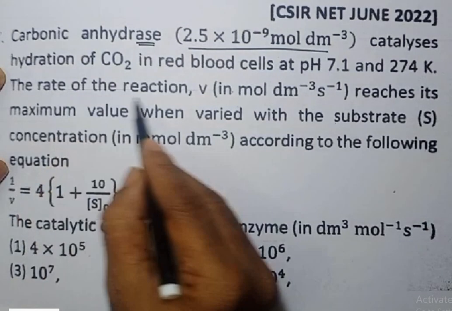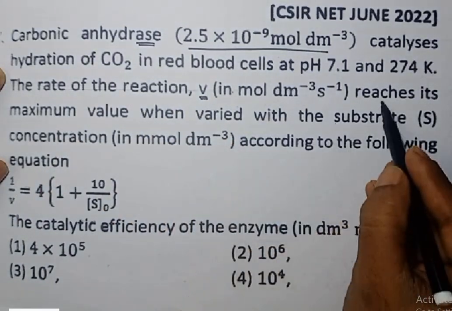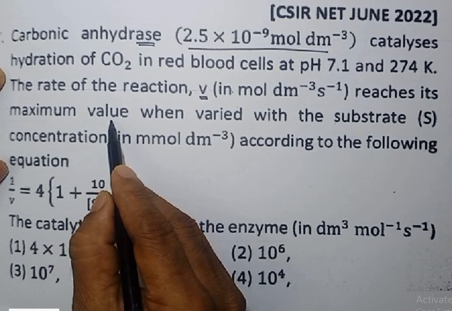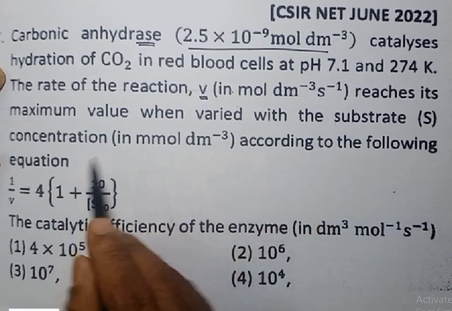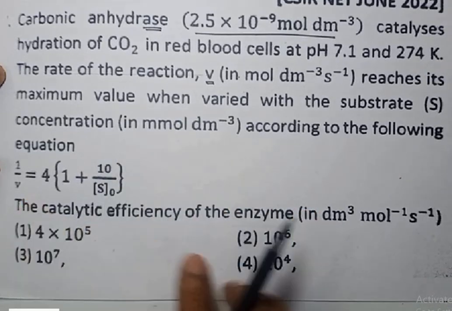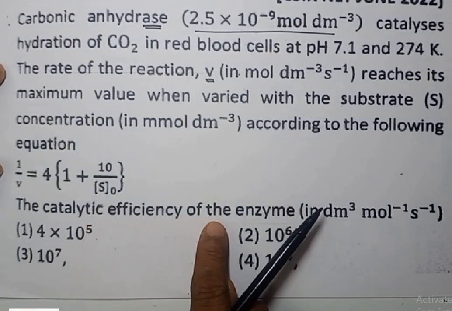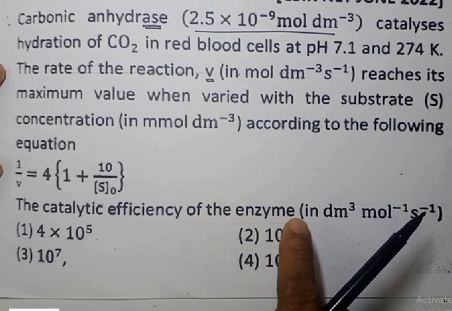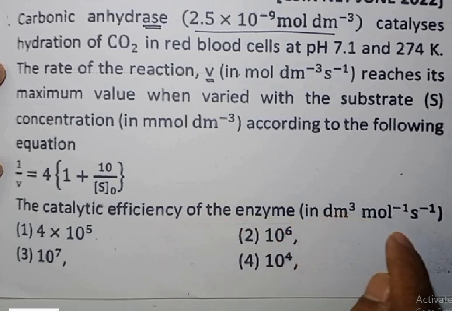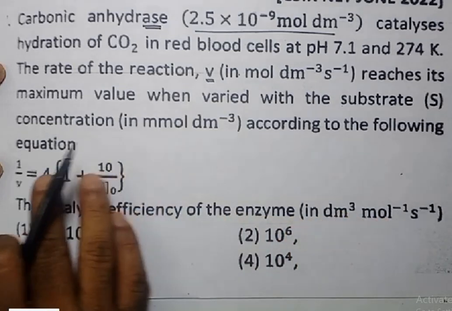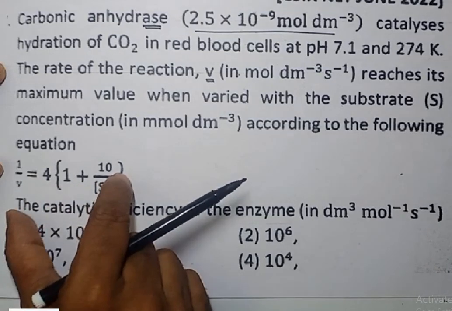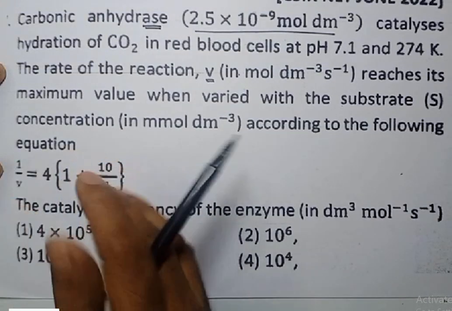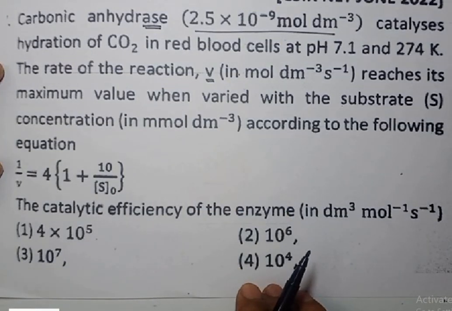The rate of the reaction V reaches its maximum value when varied with the substrate S concentration according to the following equation. The question asked here is the catalytic efficiency of the enzyme in decimeter cube per mole per second. See, the rate versus substrate concentration relation is given.